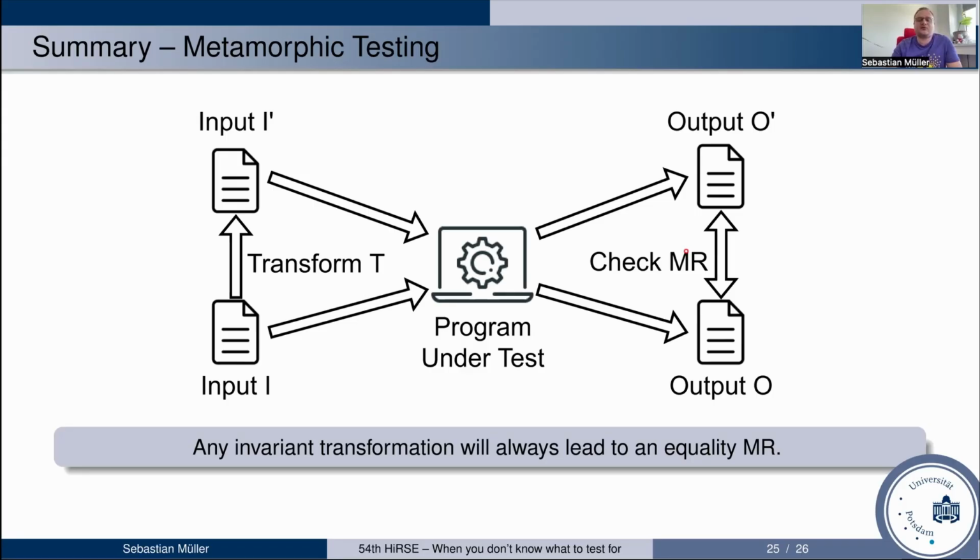And I would love if you also remember that whenever you have an invariant transformation in your program, it will always, always, always lead to an equality metamorphic relation.